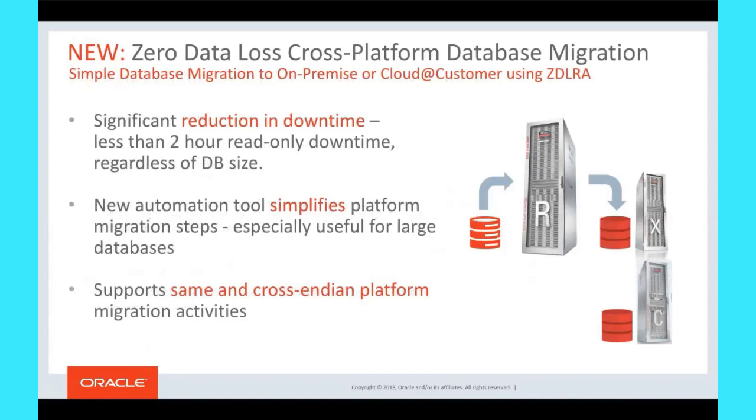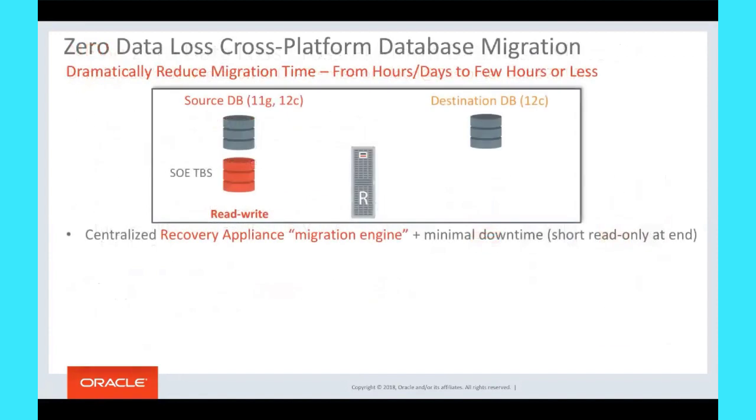This procedure supports both same and cross-Endian platform migration activities. As a high-level overview, databases from 11G to 12C are supported with the solution. The destination has to be 12C today. We're validating the solution for 18C, and we intend to support that shortly as well.